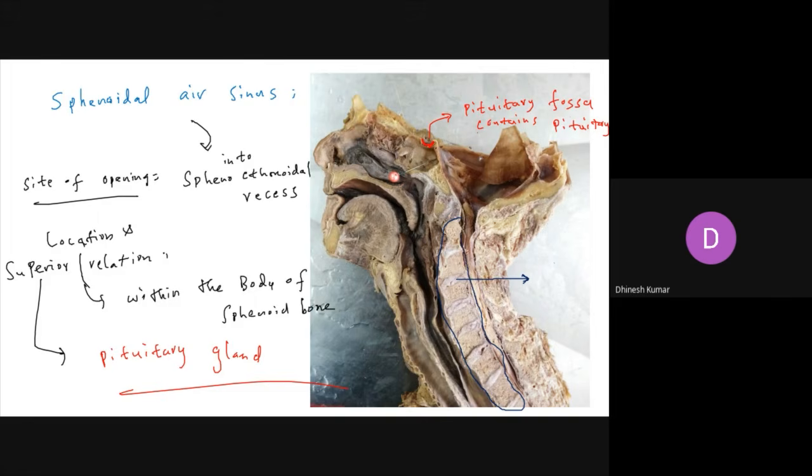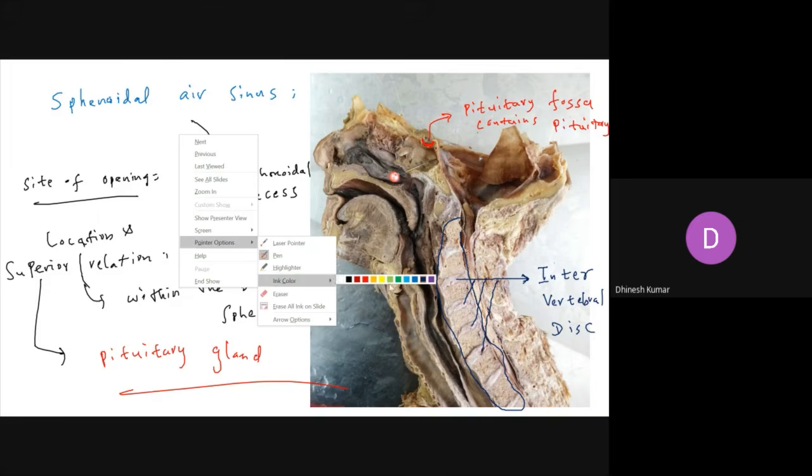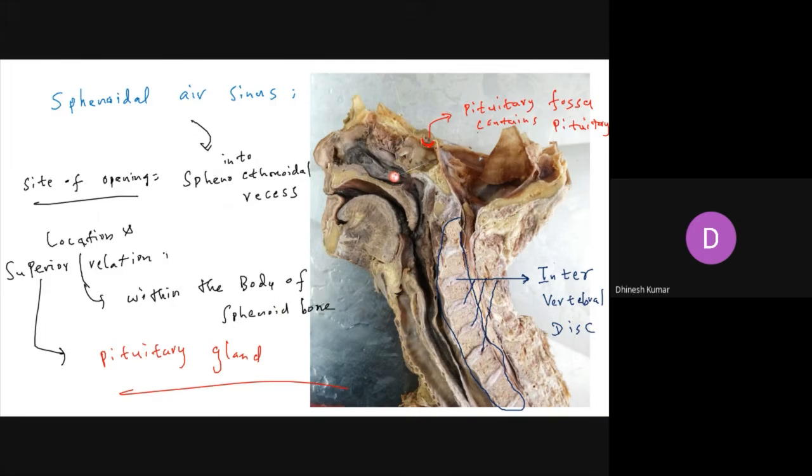So in the vertebral column, in between the bodies of adjacent vertebrae, we have a particular part called intervertebral disc, simply called IV disc. So intervertebral disc is located between the bodies of adjacent vertebrae.